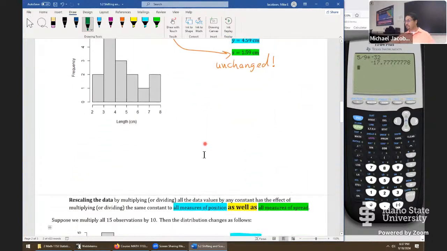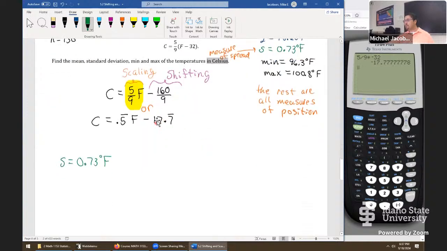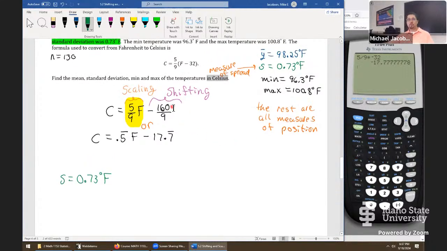So the shifting part is that right there, the minus 1/69ths. When we scale, everything changes. Everything, yeah. Positions, exactly. So this shifting right here does not affect S. And so this means, we'll write this more cleanly when we have more time, but just for a preview of where this is going, S in Celsius is going to be 5/9 multiplied by S in Fahrenheit.